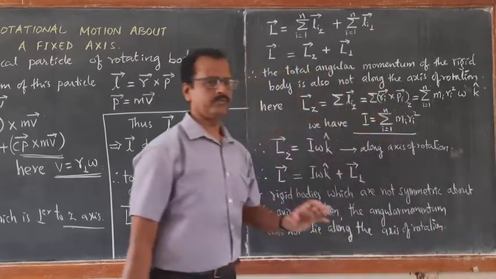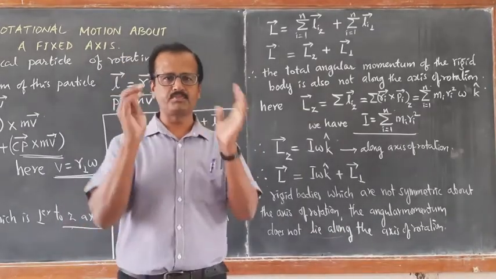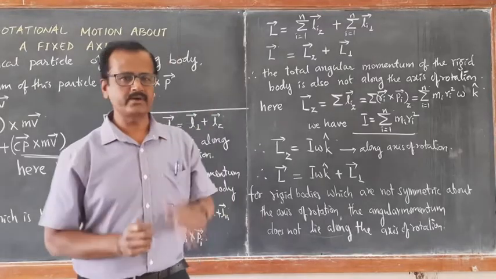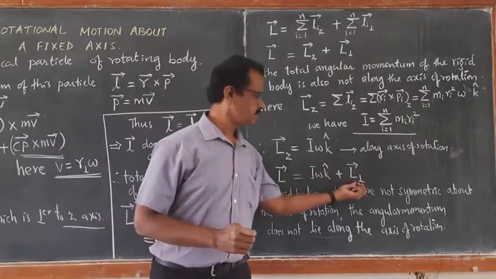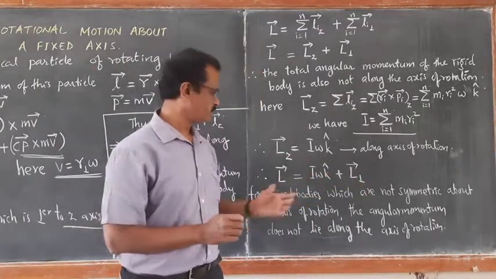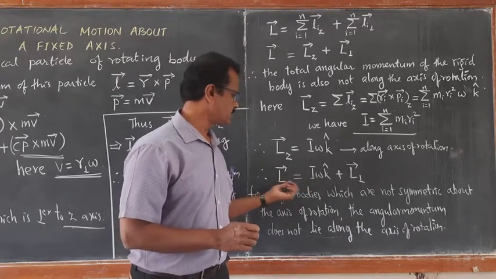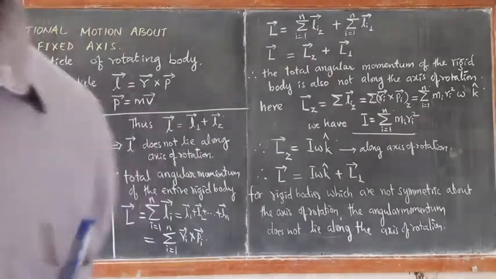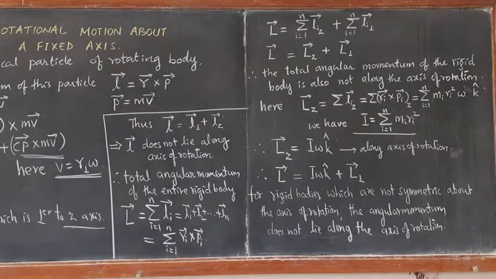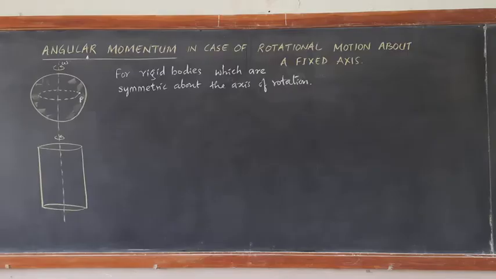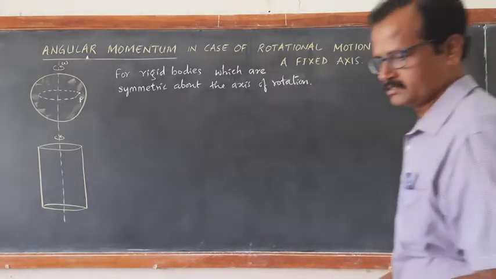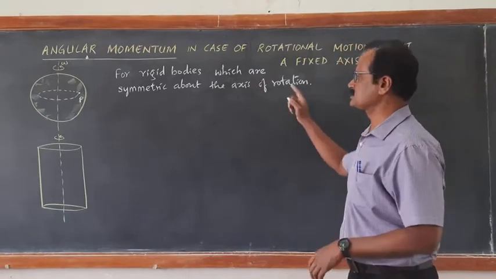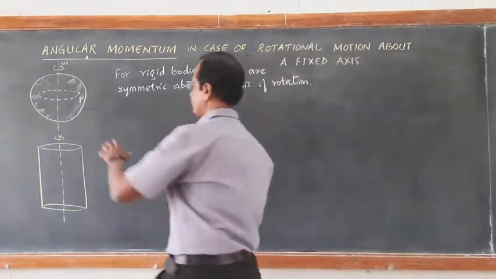Now let us see for symmetrical bodies like a sphere or a cylinder, what happens? It is very interesting. For symmetrical bodies, L perpendicular cancels. You will be left with only one component, that is L equal to Lz. Let us see how. For those rigid bodies which are symmetric about the axis of rotation, what happens?